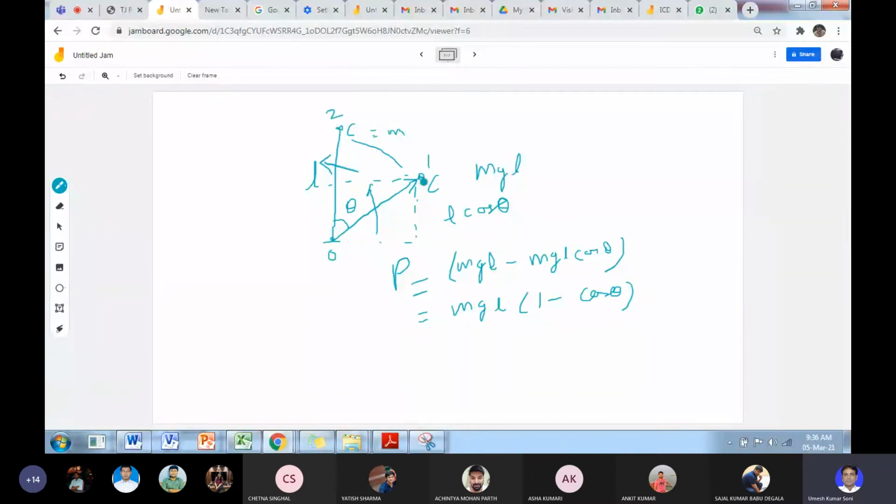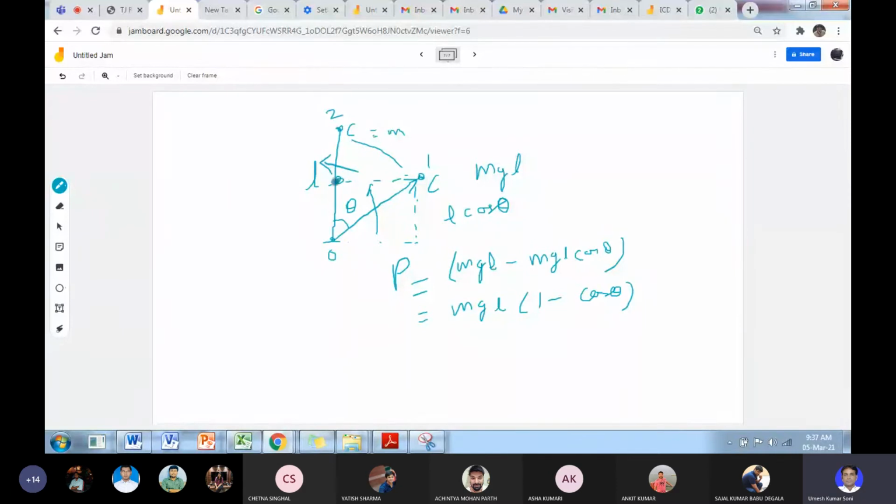Previously the center of mass was at height L cos theta, and now it has gone to L. So what will be the work done in moving this center of mass up by L minus L cos theta?